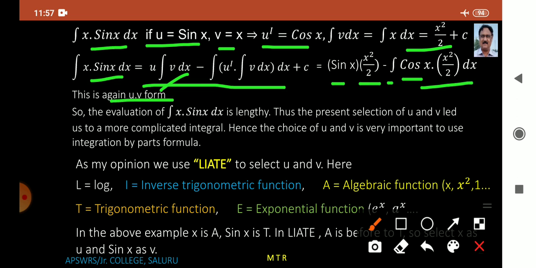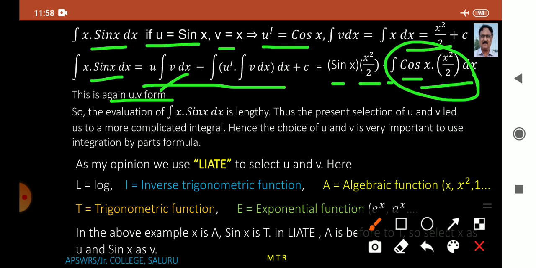Again this is in uv form. You observe this, this is again in uv form. If we apply the uv formula, again we have another term that is also in uv form. Like that, the problem expands to infinity times. The evaluation of integral x sin x dx becomes lengthy. There is no end because of the mistake in selection of u and v.